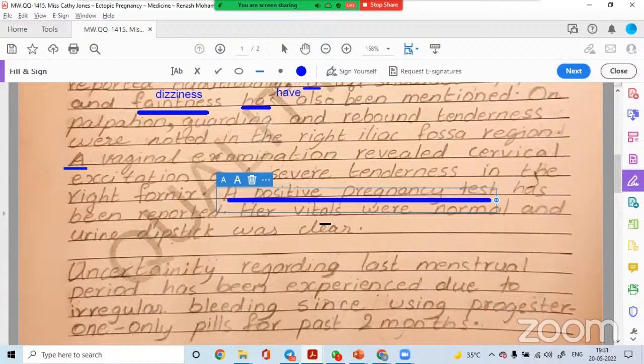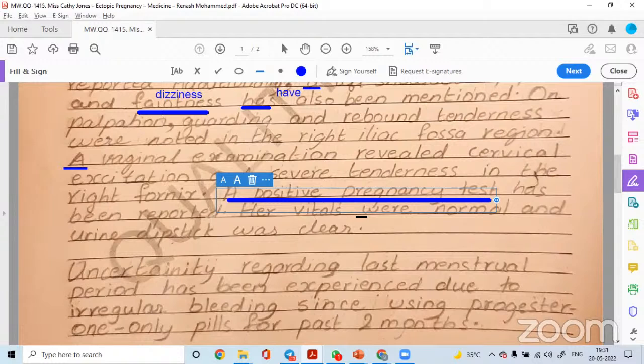Okay, her vitals were normal and the urine dipstick was clear. So vitals were unremarkable, and both the vitals and the urine dipstick were unremarkable.